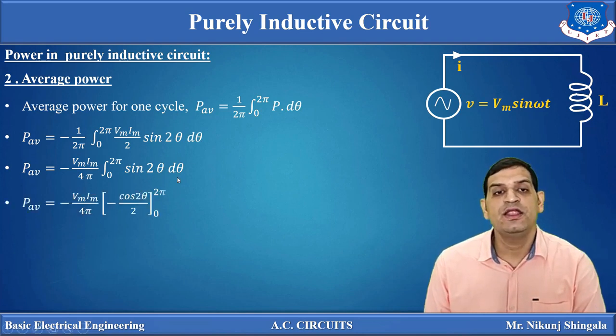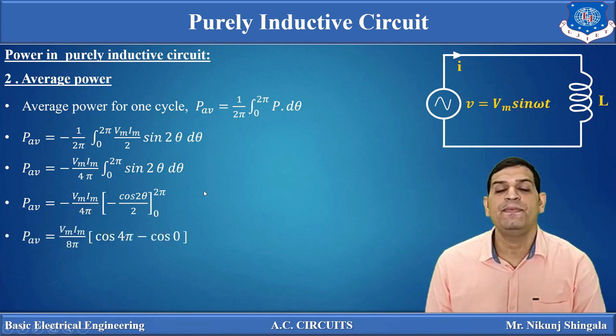Now taking the integration of sin 2 theta with respect to theta, we can write P average is equal to minus Vm Im divided by 4 pi in bracket, integration of sin 2 theta is minus cos 2 theta divided by 2. Now limit is 0 to 2 pi. Now taking negative sign out of the bracket, we can write P average is equal to Vm Im divided by 4 pi into 2, that is 8 pi, in bracket cos 4 pi minus cos 0.